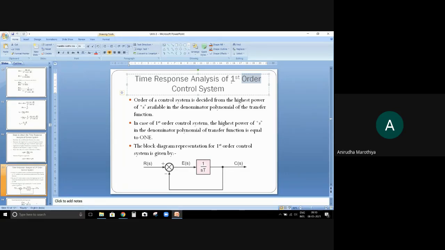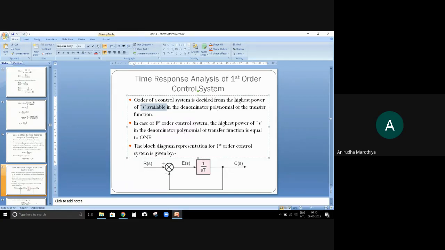Or sometimes it is also defined as the highest power of S available in the denominator polynomial. When I say denominator polynomial, that indicates the characteristic equation. And if you equate that equation to 0 and solve for S, whatever number of roots you get as an output, those indicate the number of poles, and the number of poles decides the order of that particular system.